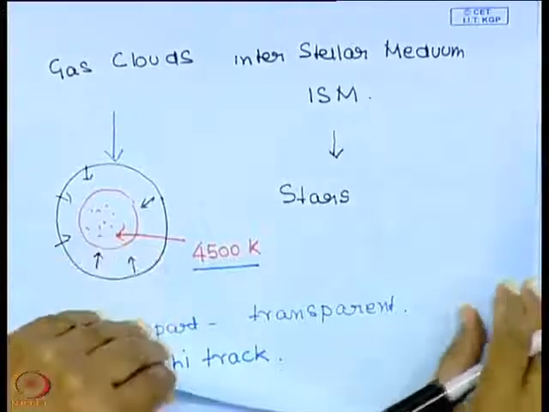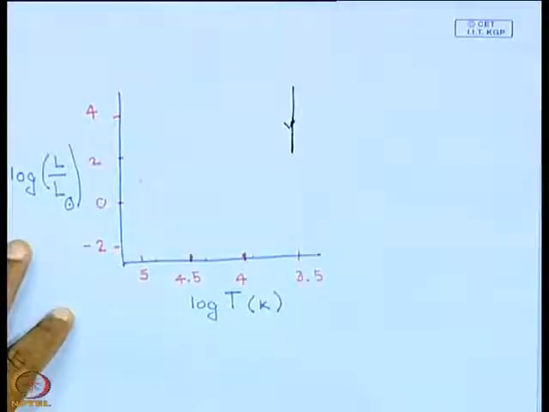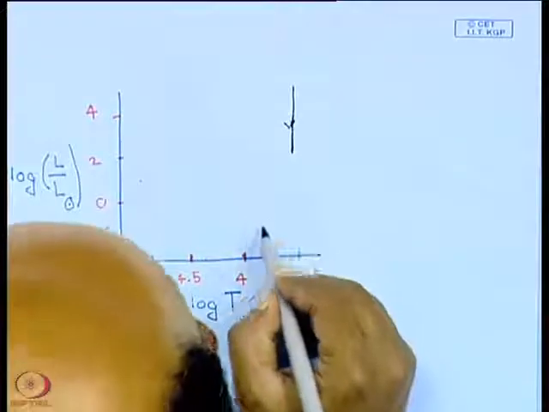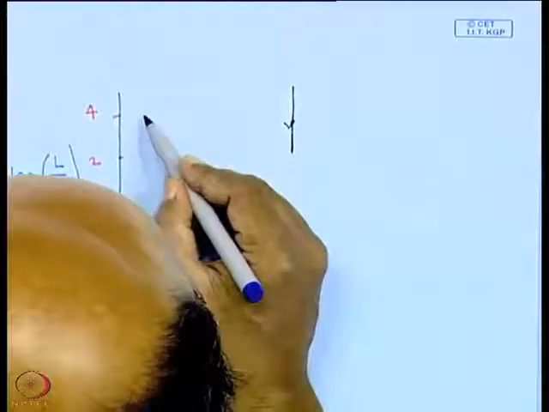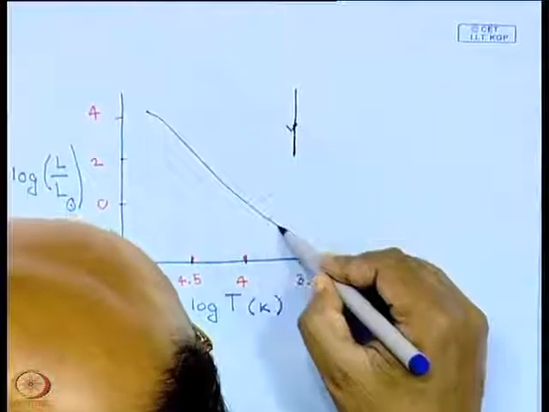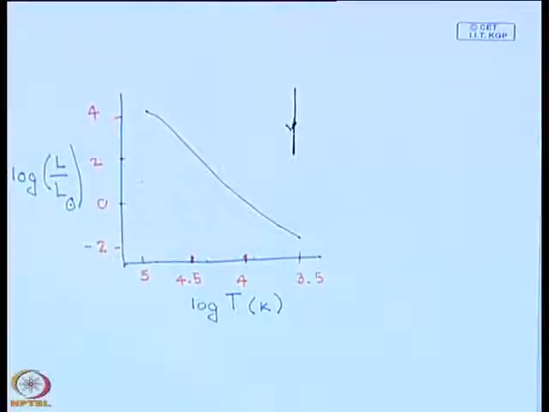So let me also draw the main sequence over here. The main sequence, I have told you, is a line that goes like this, and the temperature of the sun we know is around 5800 Kelvin. So somewhere over here. So the main sequence is a line something like this, may not be exactly a straight line, but for our purposes we shall take it to be a line something like this.